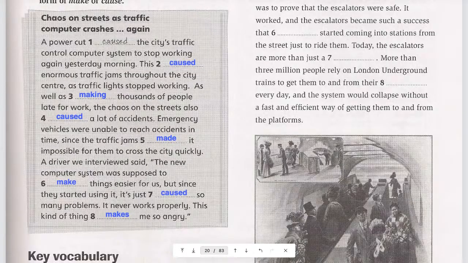No, this is not in the present. Guys, which tense is this? This sentence, which tense is this? Present simple. Come again? Present simple. Really? Guys, this is simple present tense?